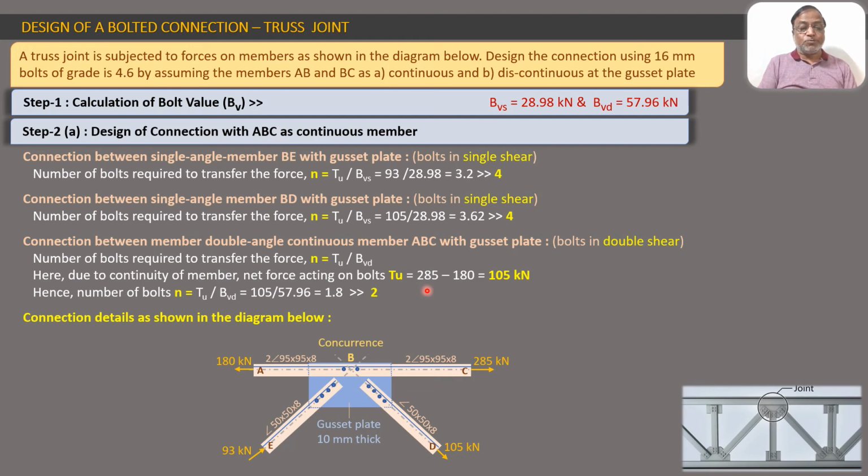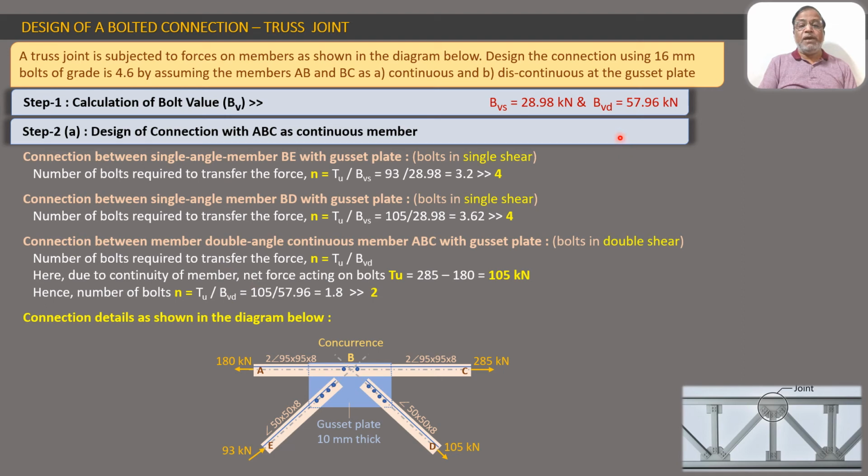So this is 105 kilonewton. So this will be 105 kilonewton. How it comes? It is 285 minus 180. So 285 minus 180 amounts to 105, and this is what is the net force here. And for that we will have to calculate the bolts. Hence number of bolts N for this continuous member ABC will be TU upon double shear bolt value.